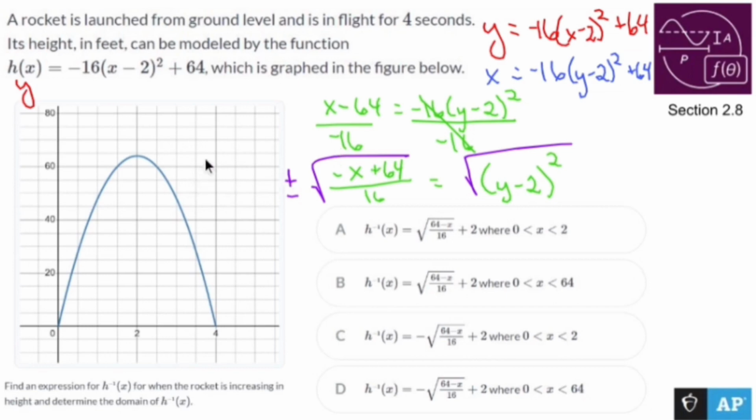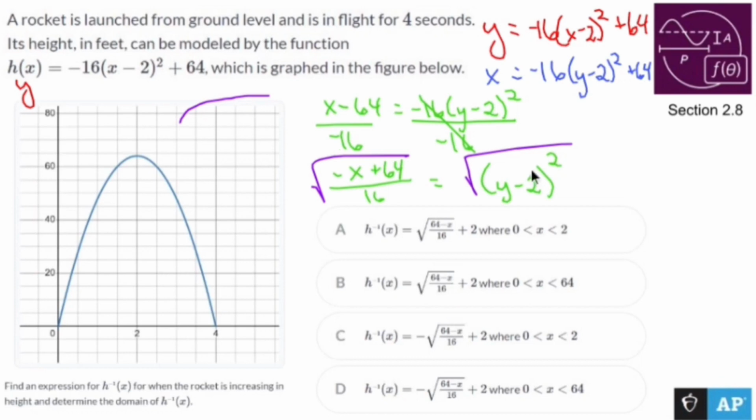A positive square root when graphed looks like this. A negative square root when graphed looks like this. Obviously, I don't want stuff going underground. I want stuff going above ground. So I am going to get rid of you, and I'm only going to keep the positive part. So I really don't need that sign there anymore.